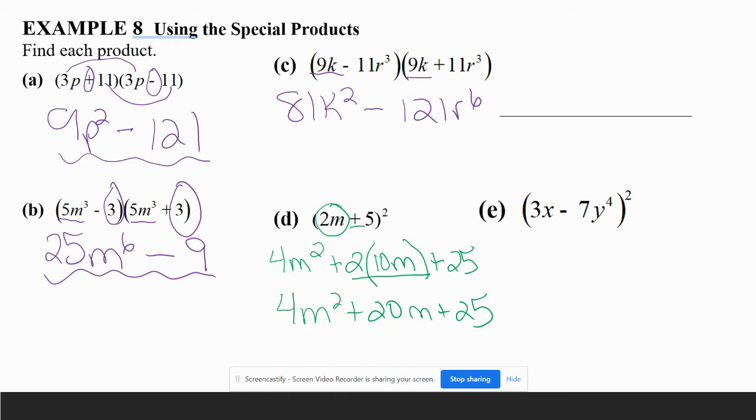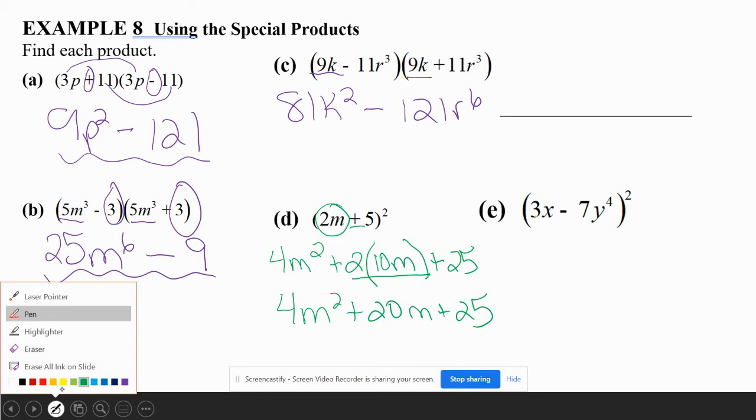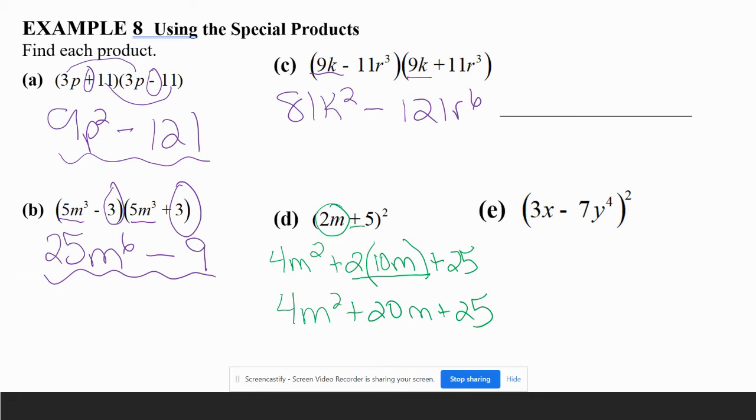We do the same thing for letter E. For letter E, we have a square on the outside. So squaring the 3x, that's 9x squared. Whatever this sign is what we follow with 2 times. Multiply these two together. So 7 times 3 is 21, xy to the 4th.